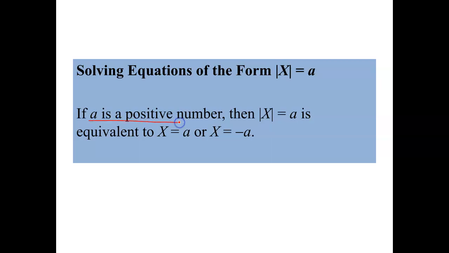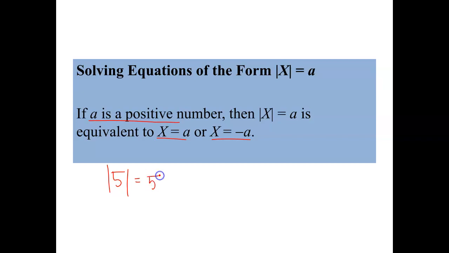If a is positive, what we can do is we can take it and write it as two separate equations. One where a stays positive, one where a becomes negative, and then we just get rid of the absolute value bars. So I want you to think about this. If I take the absolute value of 5, what do I get? 5.